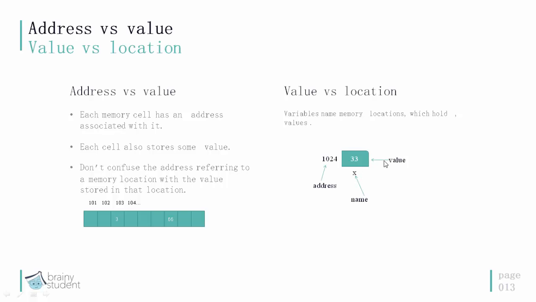Fine. If I write x is equal to 33, then this 33 will become the value for this x. And this will have some memory location. Let us suppose 1024 is the memory location or address of this particular x. So 1024 is my address, 33 is my value and x is the name of my variable.